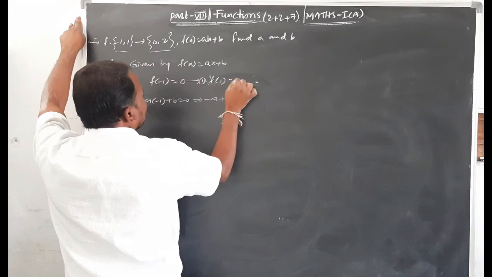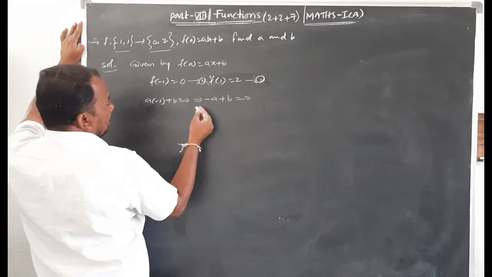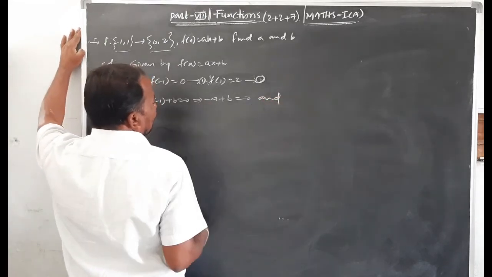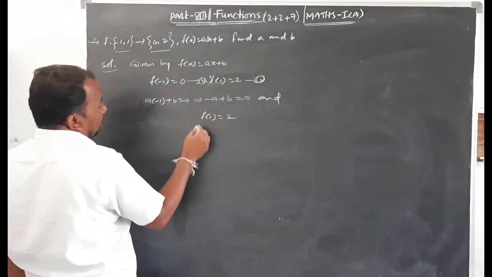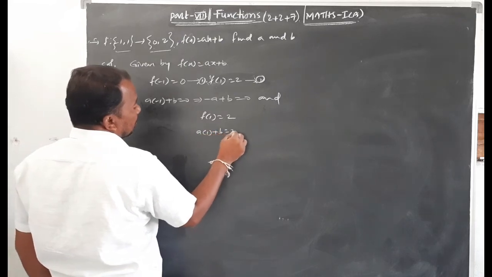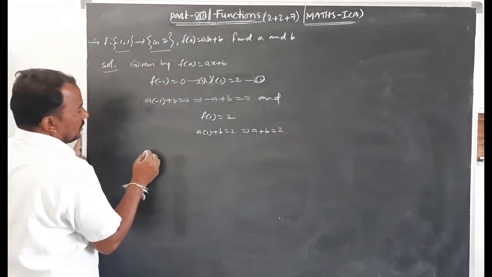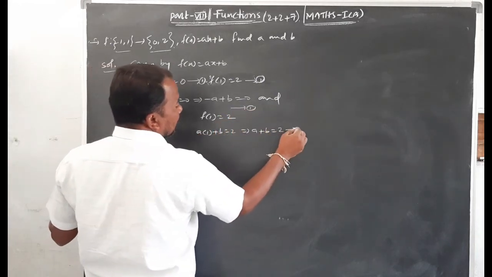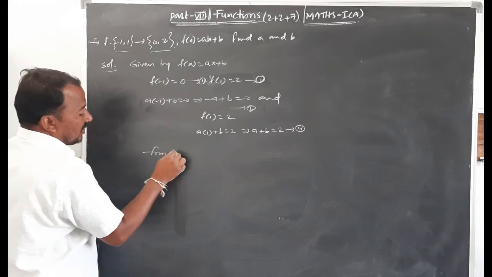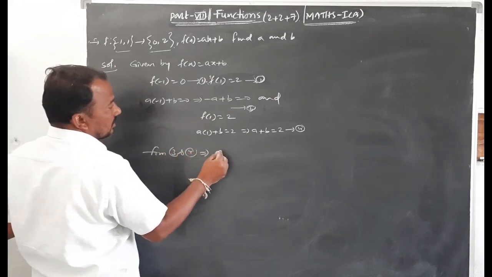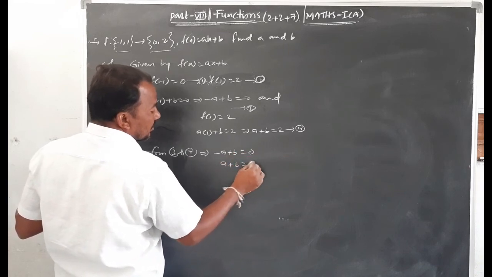F of 1 equals 2. F of 1 means a of 1 plus b equals 2. This implies a plus b equals 2. From equations 3 and 4: minus a plus b equals 0, a plus b equals 2.